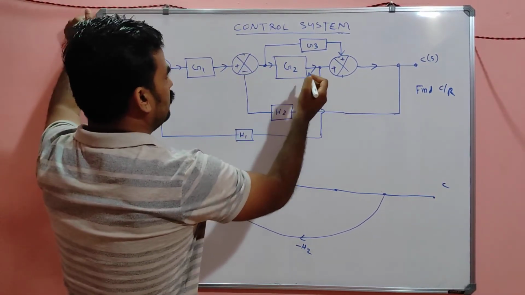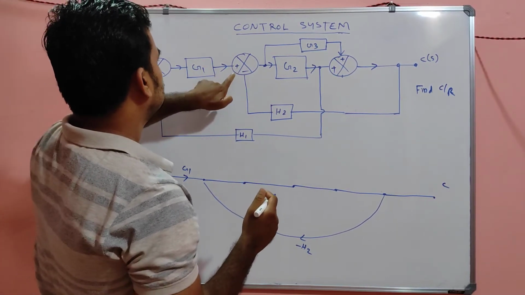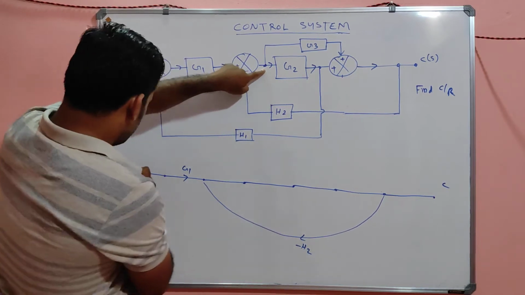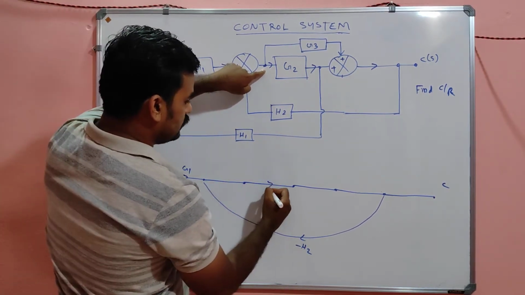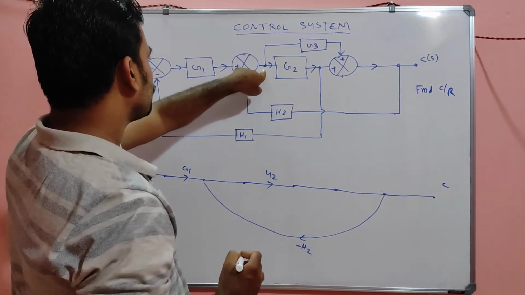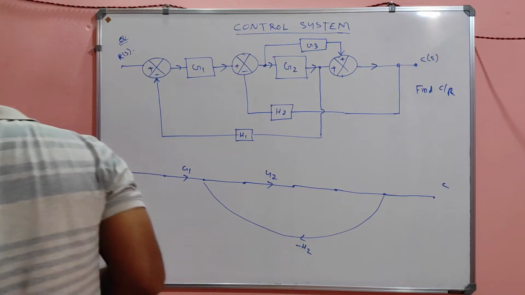And again in between, that means 1, 2, 3, 4, and this is G2. Correct?